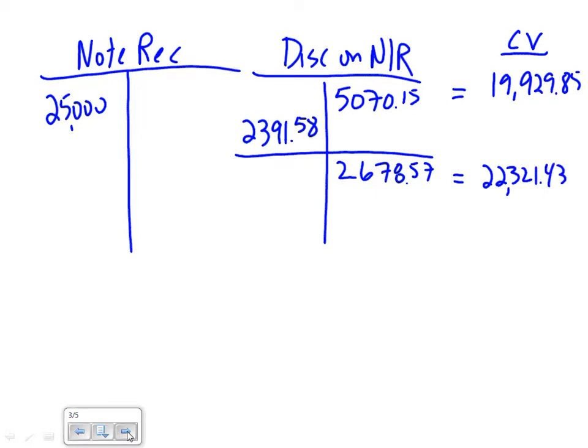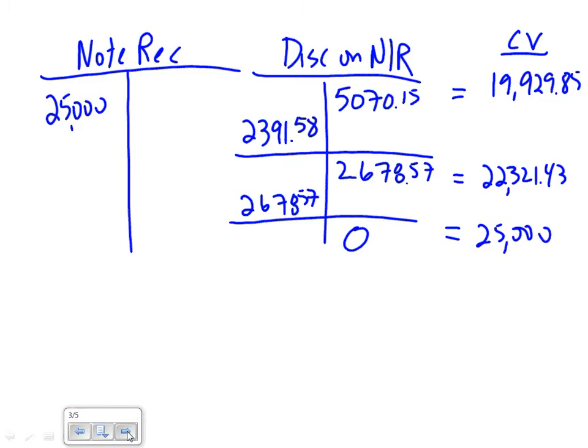So multiplying those carrying values by the effective interest rate, my interest income that second period was $2,678.57, and now my discount is 0 and my carrying value is $25,000, which is how much cash I receive at the end of the note's life, January 1st, 2015.